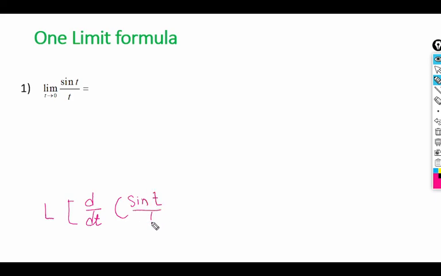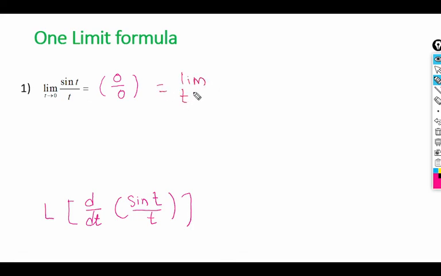Only at that time do we require this value. We are finding the limiting value of sin t upon t, and if we replace t by 0 directly, we get the 0 upon 0 form, because sin 0 is 0 and t is 0. It's an indeterminate form, and to get its value we apply the L'Hospital rule.